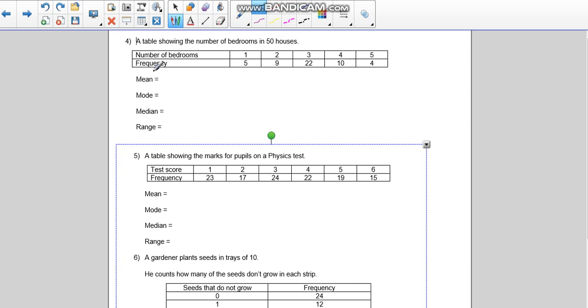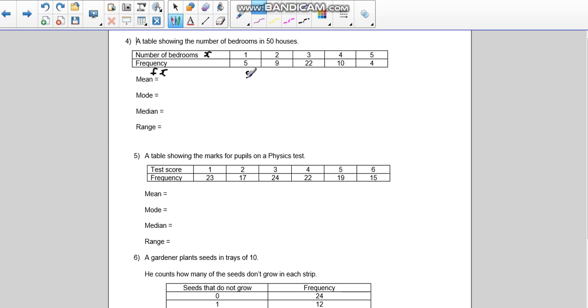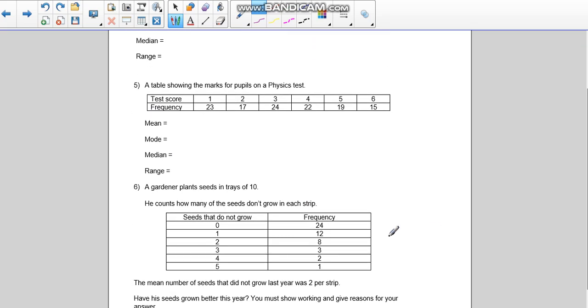I often call this my FX column because you're doing your frequency times whatever your numbers are, which we call X. So you're going to need to do the 1 times the 5, the 2 times the 19, and so on. You're going to need to do that for each of these questions because they've all got that missing row at the bottom, or on the last one it will be a column on the end. So make sure that you get that filled in before you try and answer the questions. So press pause, have a go at those questions and then press play when you're ready for the answers.